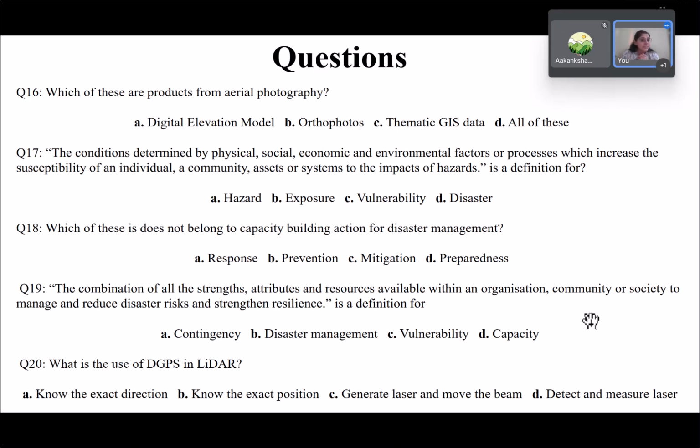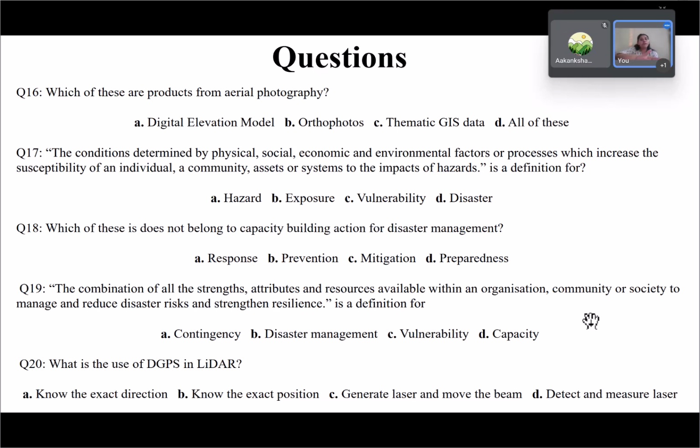The last five questions for this unit. Which of these are products from aerial photography? Next, the conditions determined by physical, social, and economic factors which increase the susceptibility of a community to hazards. Next, which of these does not belong to capacity building action for disaster management? When you broadly look at the disaster management cycle, you have capacity building methods, and then you have response and recovery methods.